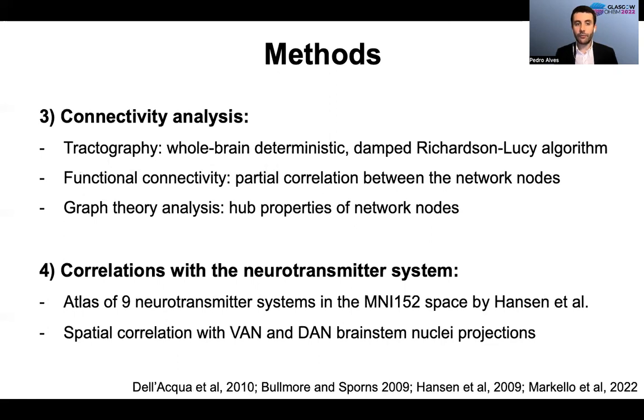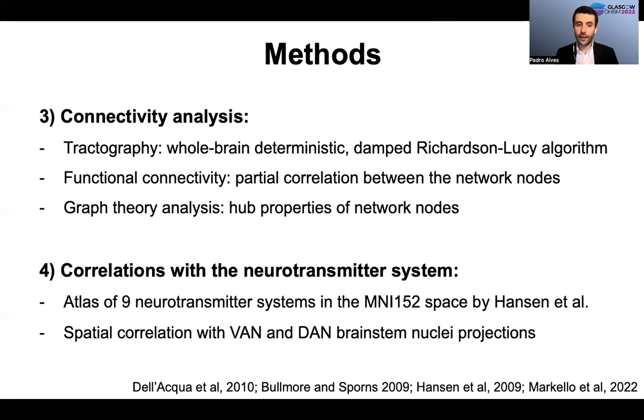Third, we performed a connectivity analysis. For structural connectivity, we used a whole brain deterministic tractography. For functional connectivity, we calculated partial correlations, and we also performed a graph theory analysis in which we analyzed the hub properties of network nodes.